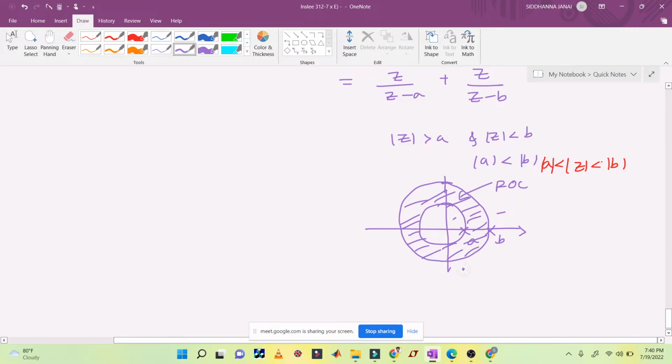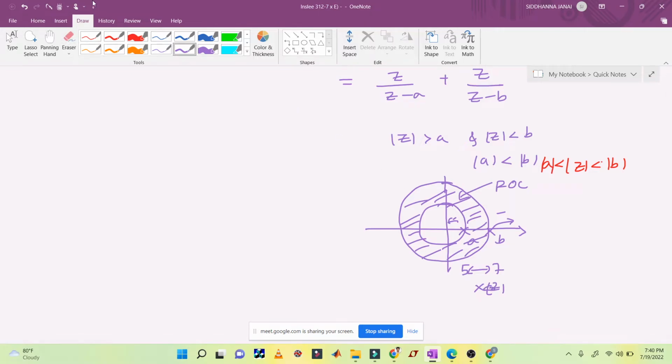A, say 5, I will say Z is equal to 5 and B 7. So in between 5 and 7, any value you give, you will get X of Z. Beyond 7 also not possible, below 5 also not possible to get the Z transform.